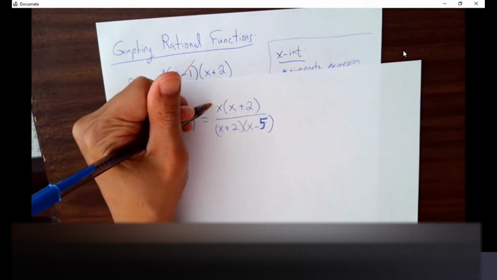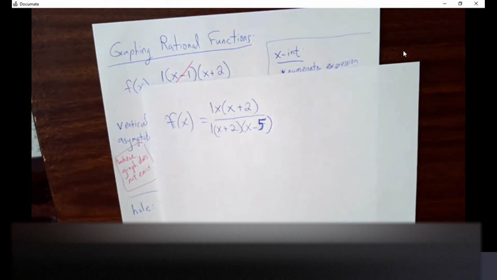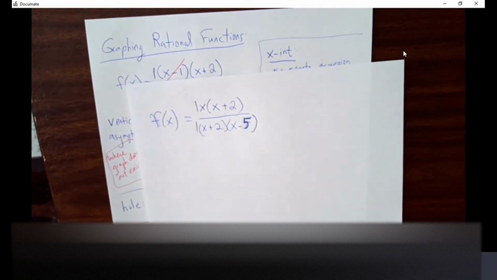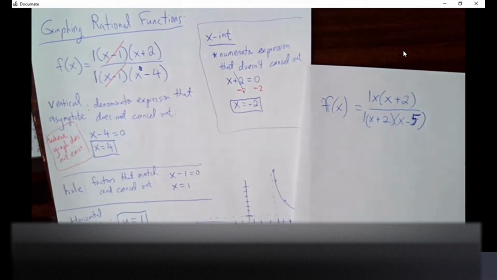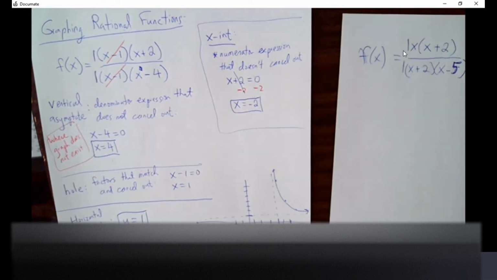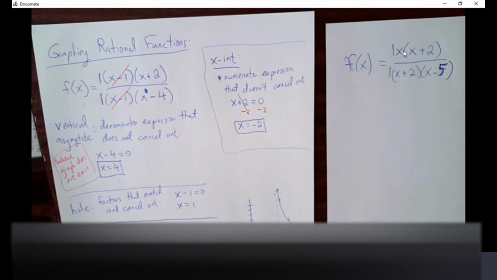Yeah, okay. Let me put a 1 up there. Let me know if you want to look at a reference sheet.